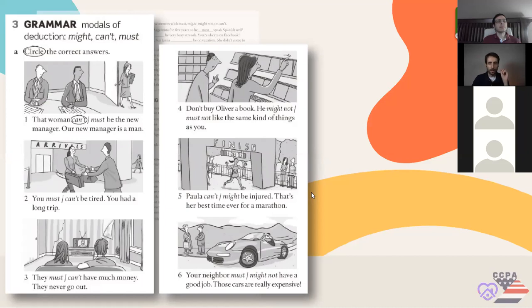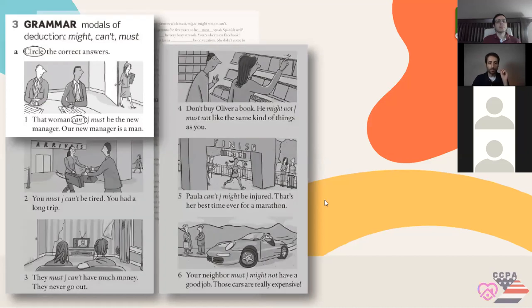Let's look at our example, just in case. It says, that woman can't be the new manager. Our new manager is a man, right? Although nowadays, gender neutrality is, anyways, but that is our deduction based on what we are seeing from the image and from the context presented in the sentence.